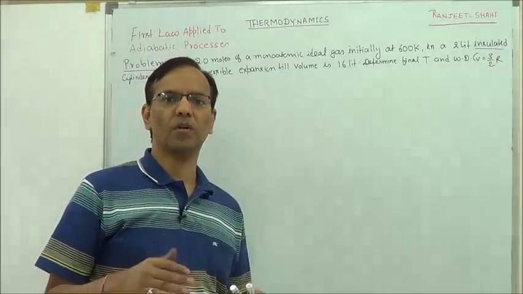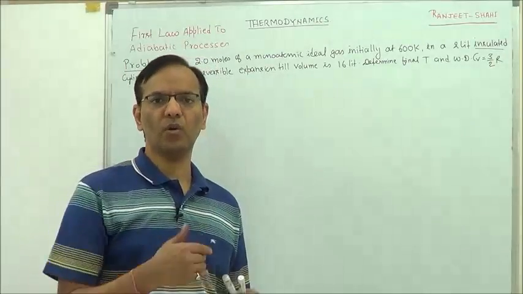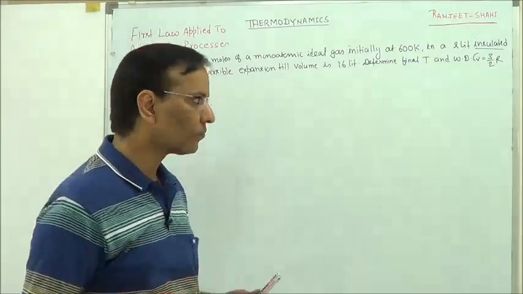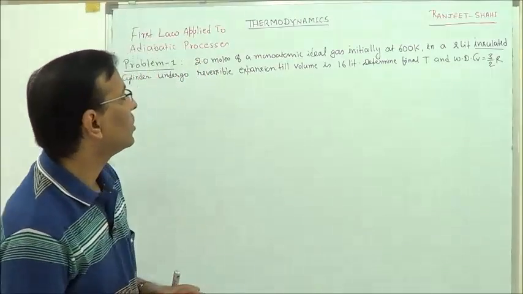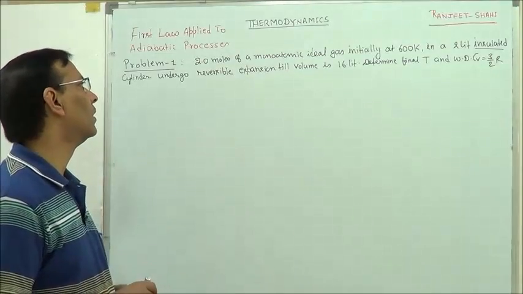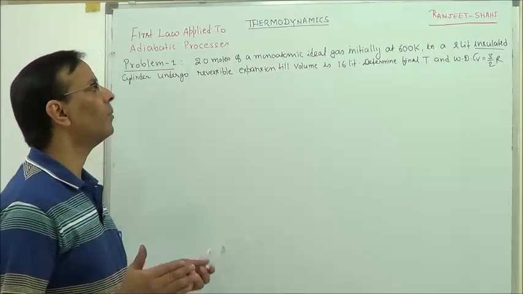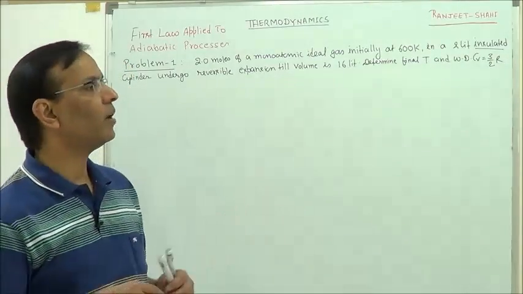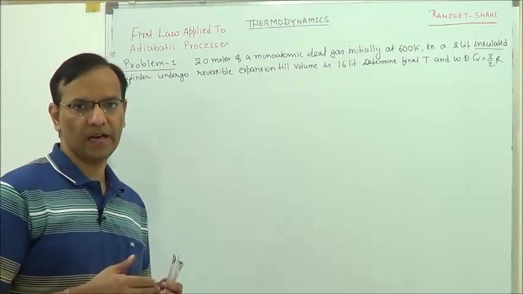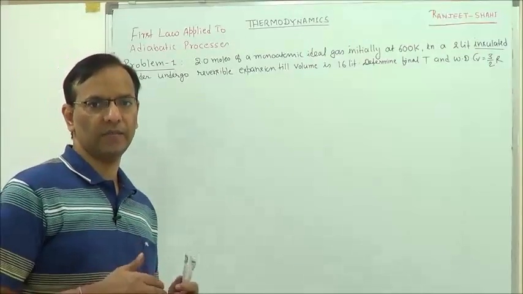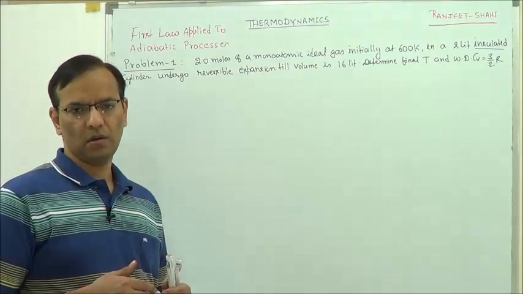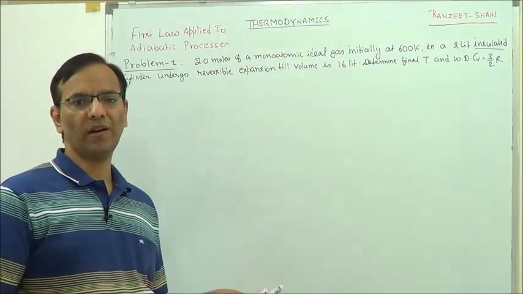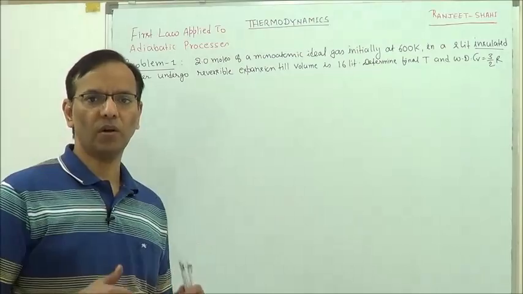Applying the concepts of degree of freedom, you derive the expression for heat capacity for different systems. So now come to this problem. We have 2 mole of a monoatomic ideal gas initially at 600 Kelvin in a 2 liter insulated container. Insulated container means the process will definitely be adiabatic, since exchange of heat will not take place.